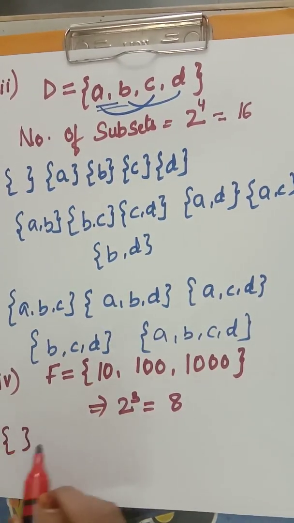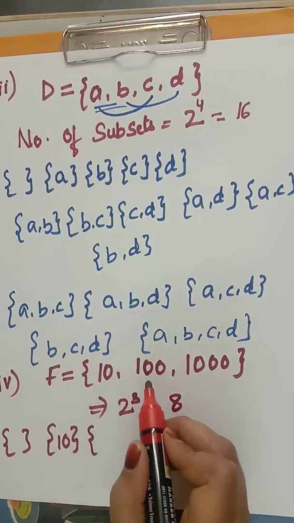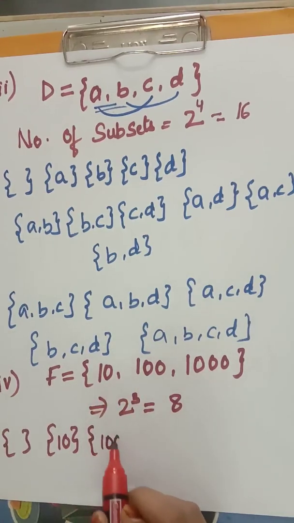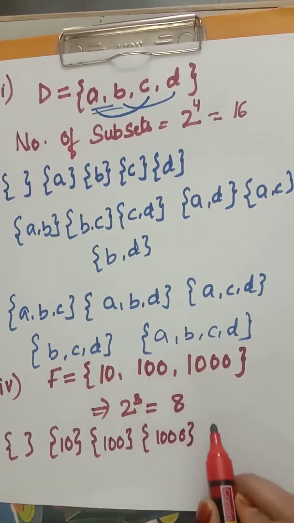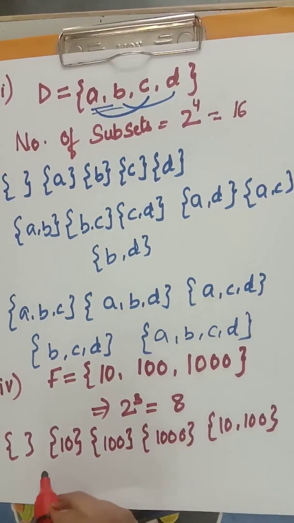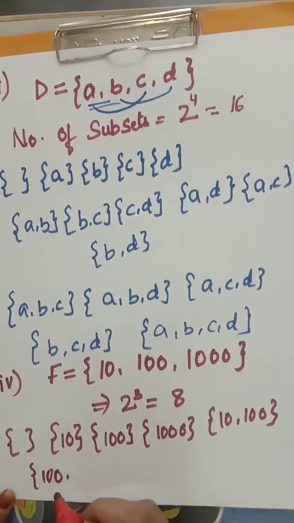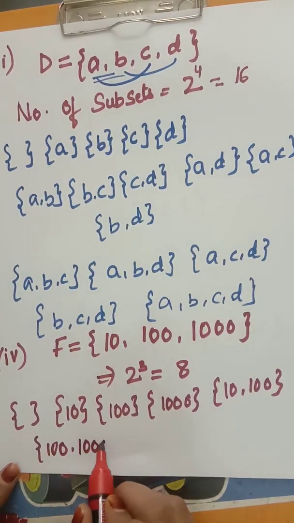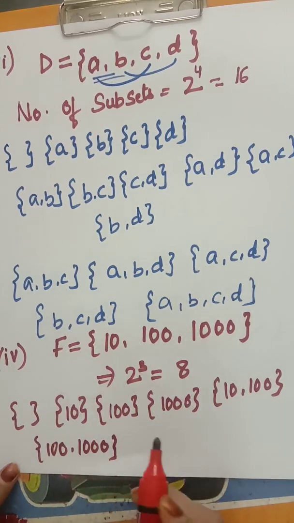So first one is the empty set. Second one is 10. Right? Write them separately, one by one. Empty set, 10, 100, 1000. Next 10, 100. Next 100, 1000. 1, 2, 3, 4, 5, 6.